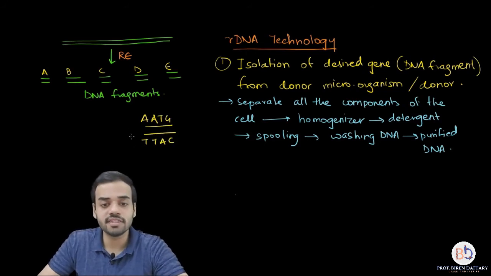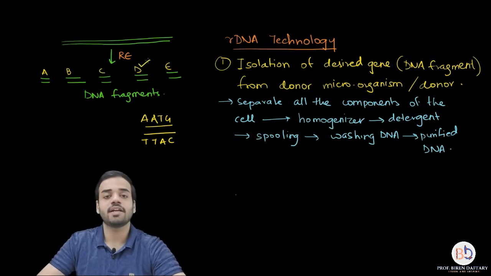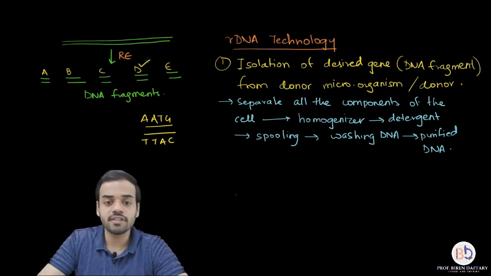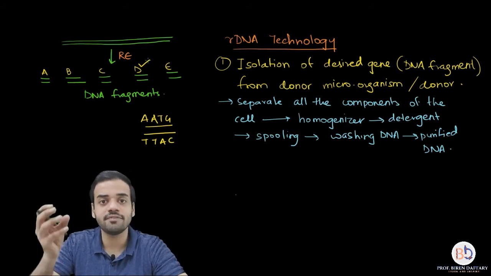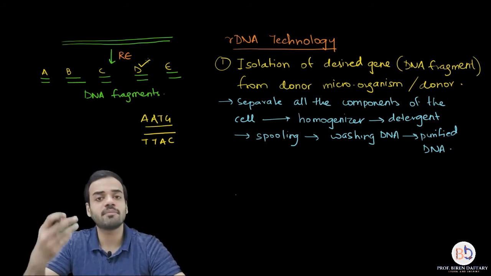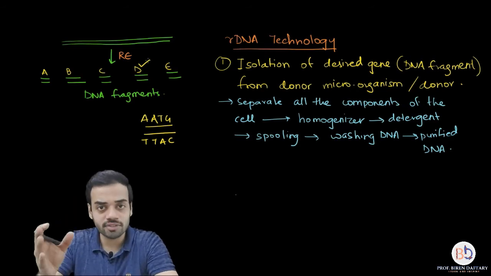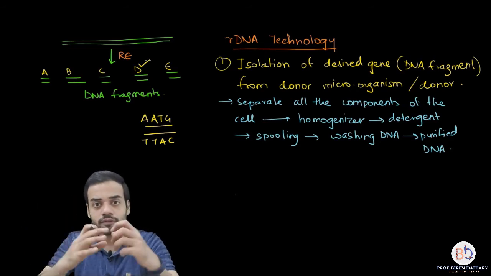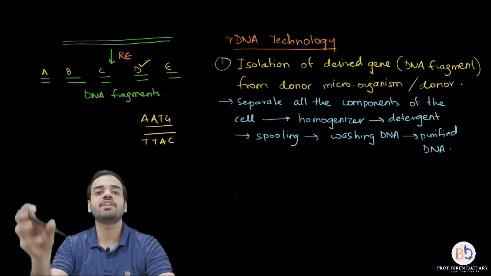So if this required gene sequence is present in fragment D, then you will select fragment D. If it is present in fragment C, you will select fragment C. So once you have cut the DNA using restriction enzymes, out of those many fragments which are formed, you will select the fragment having your desired gene.